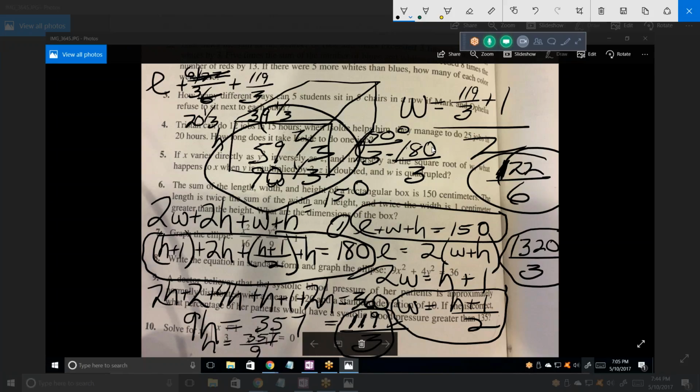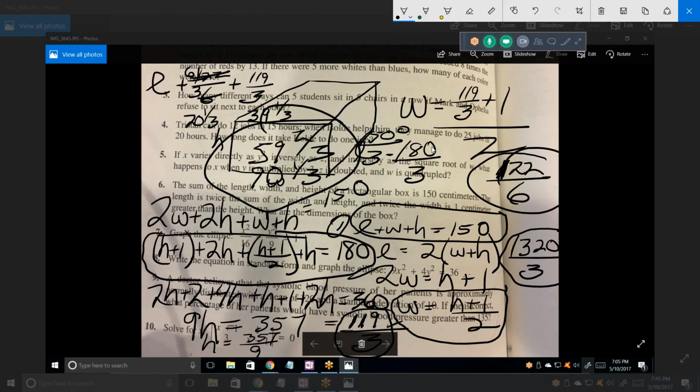Do they give you the answers in thirds, or as proper fractions? Well, 2 times 119 thirds plus 61 thirds.